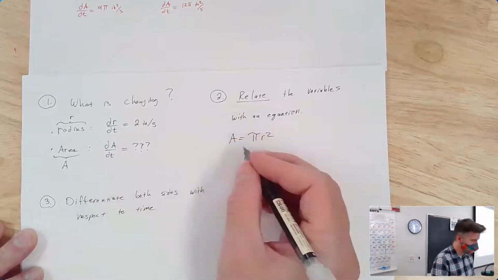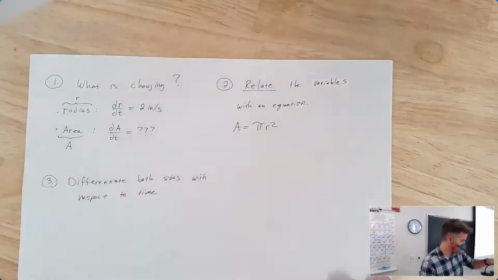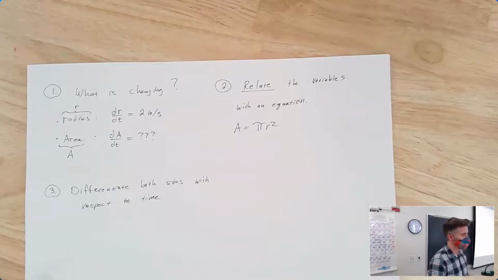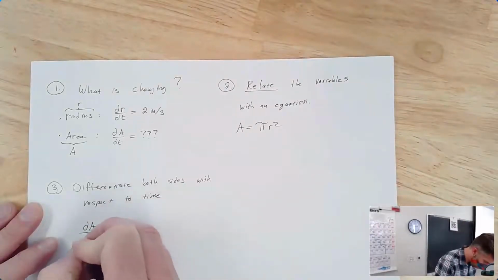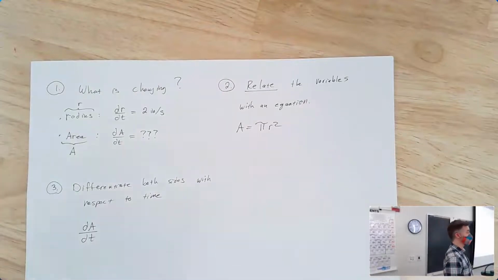I'm going to take the derivative of A. What's the derivative of A? I should say, what's the derivative of A with respect to time? It's dA dt.